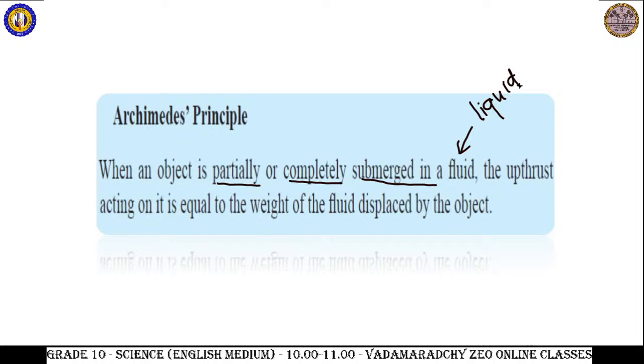So if an object is partially or completely submerged in a fluid, the upthrust or upward force acting on it is equal to the weight of the fluid displaced by the object. This we have confirmed from our activities.